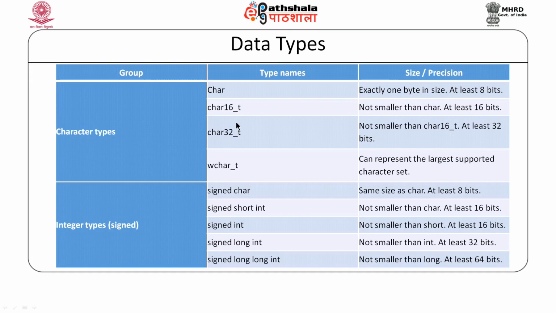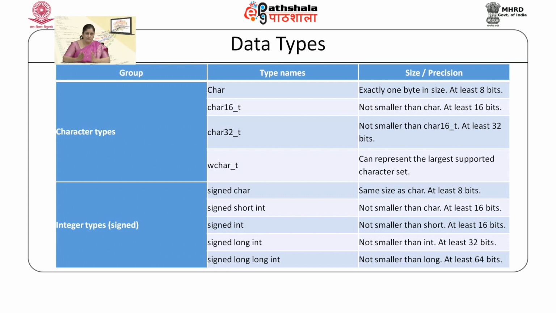So, these are the basic data types, which are more or less the same as those in C. These are the character type data types: char16_t, char32_t and wchar_t. Here you can see the size and precision. As you may be aware, the size and precision is also dependent on the machine for which the compiler is being written.